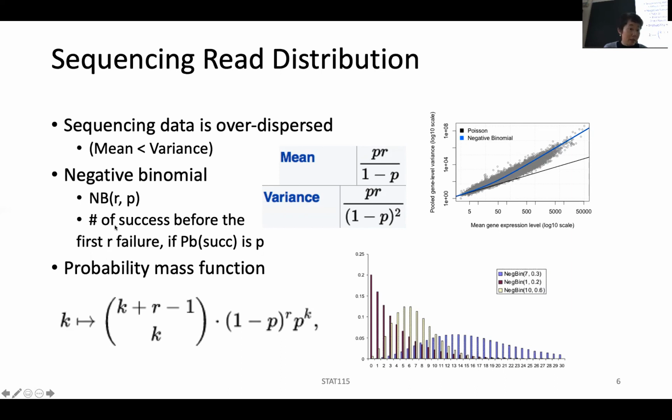So the strict definition of negative binomial distribution is the number of successes before the first R failures if the probability of success is P. And then if you observed X number of successes, what is this probability? There are some standard equations you can get to this.